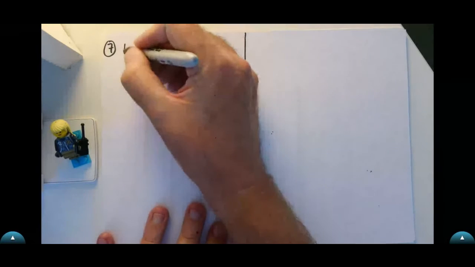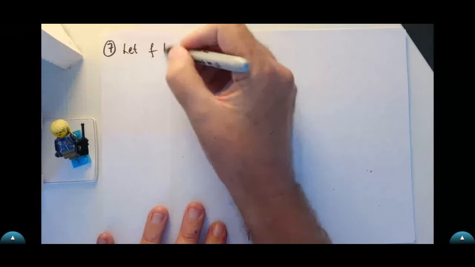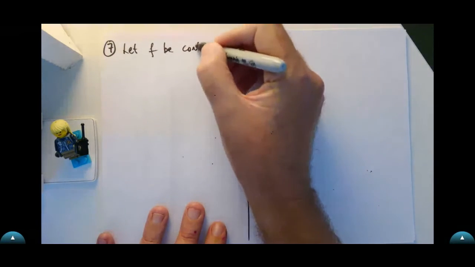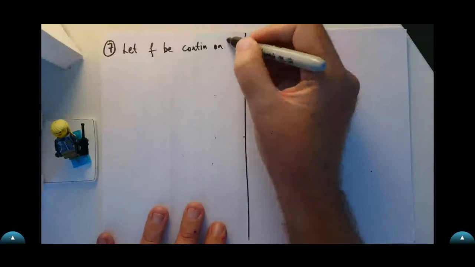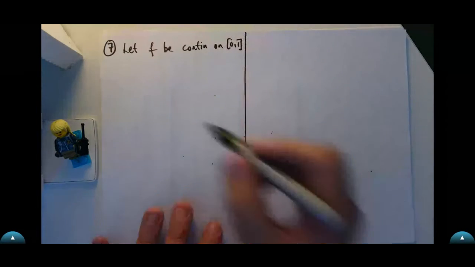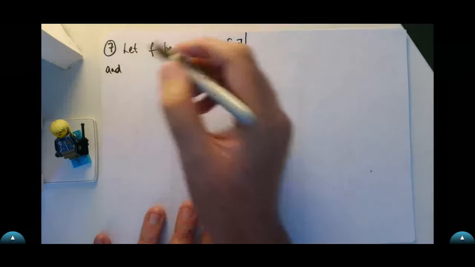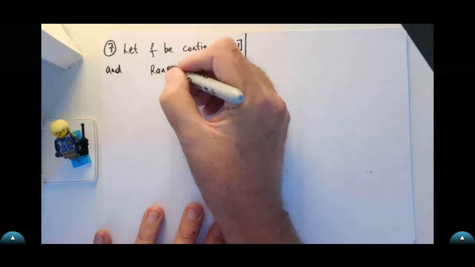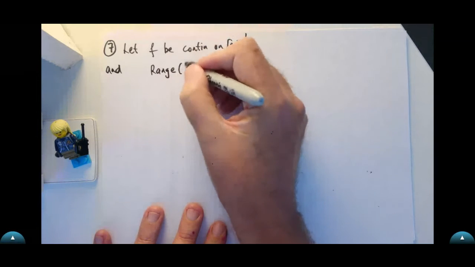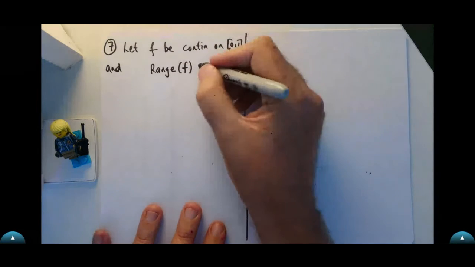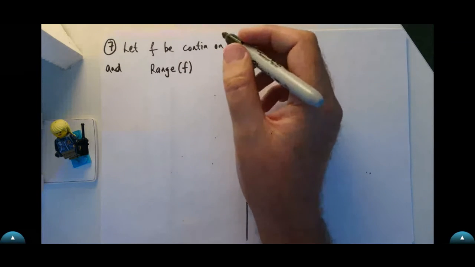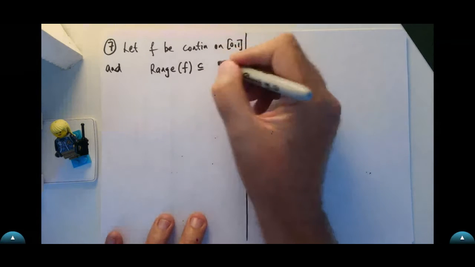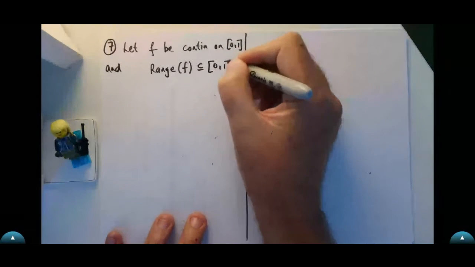Let f be continuous on this interval, and the range of f is a subset of 0, 1.